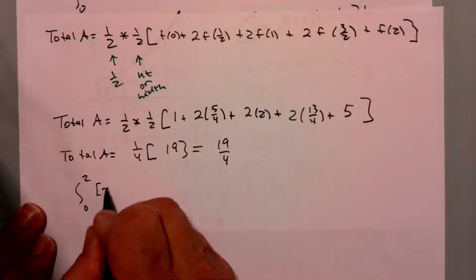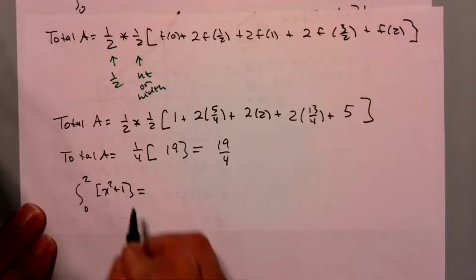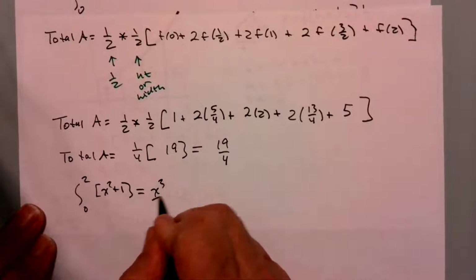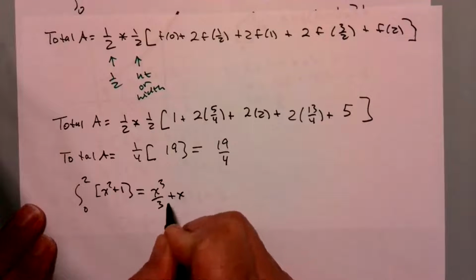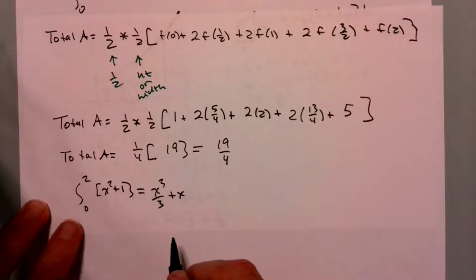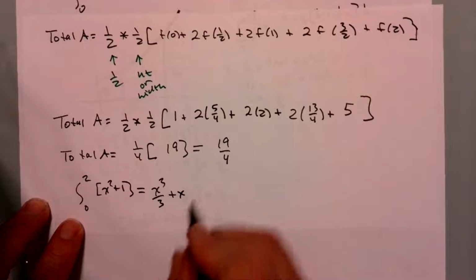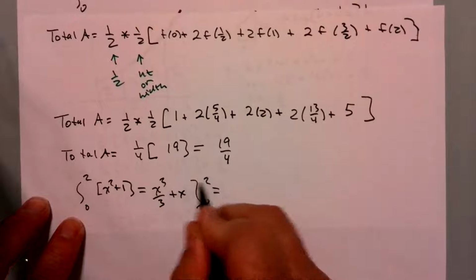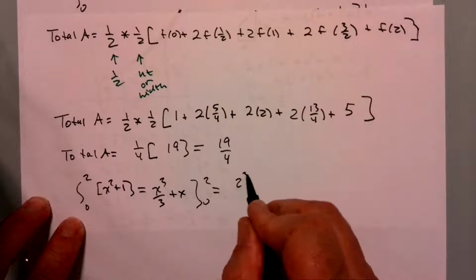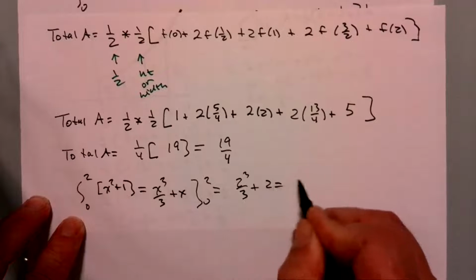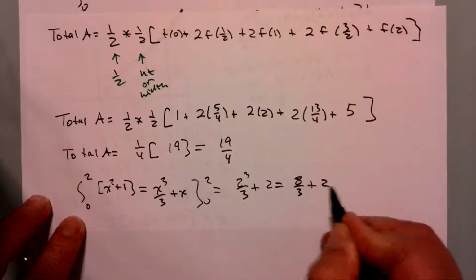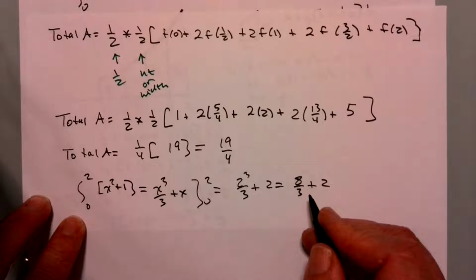Integral from 0 to 2 of x squared plus 1. Antiderivative is x cubed over 3 plus x, evaluated as I go from 0 to 2. 2 cubed over 3 plus 2. 8/3 plus 2, 6 and 8, 14/3.